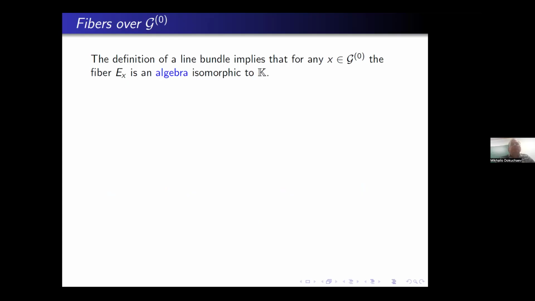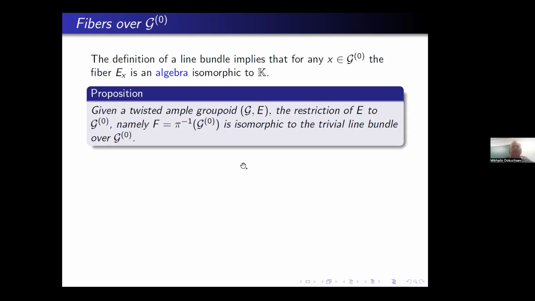By definition of the line bundle, if we take a small x from the unit space, then it's easy to see this is going to be an algebra. And since it's one-dimensional, because our bundle is a line bundle, it has to be isomorphic to K. Also, we use the non-degeneracy of the multiplication.